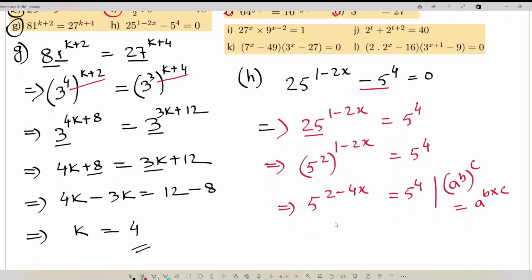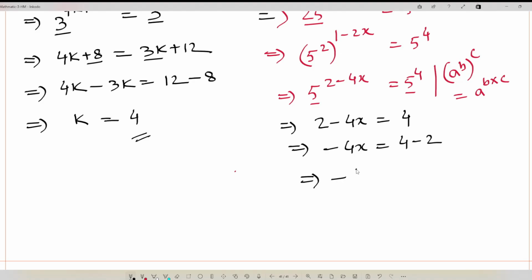Now look, here both sides base 5, so once bases are same, powers will be equal. 2 minus 4x equals 4, then this 2 we can write minus 4x equals 4, and these 2 will become minus 2.